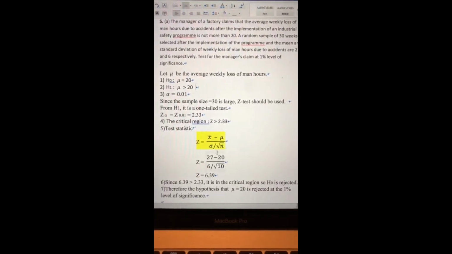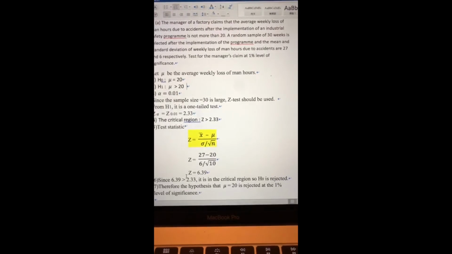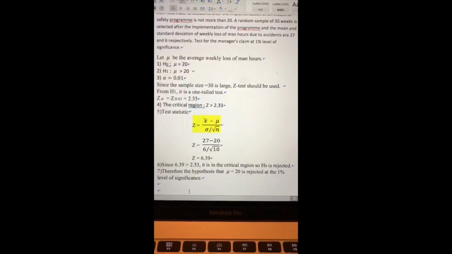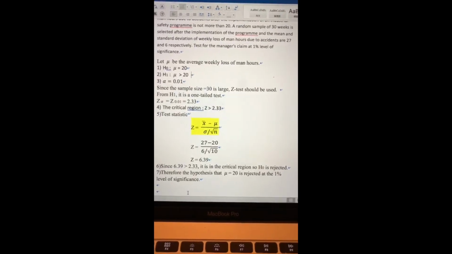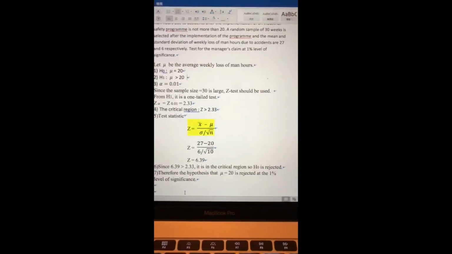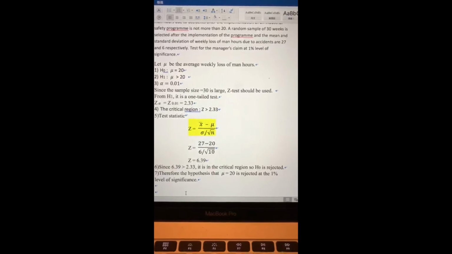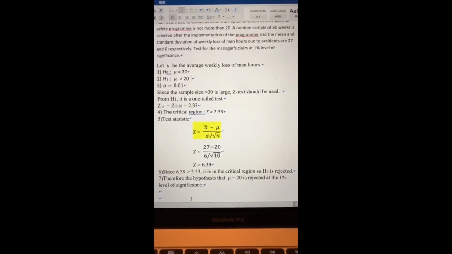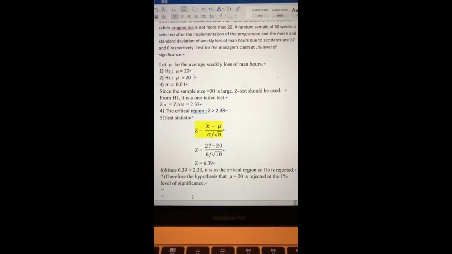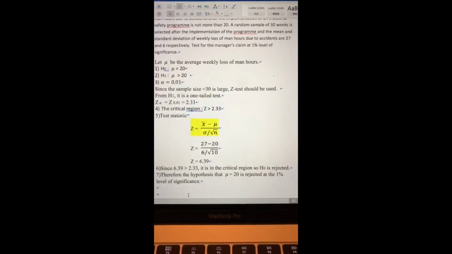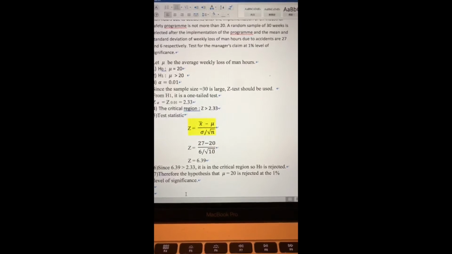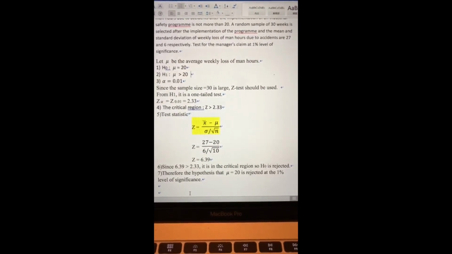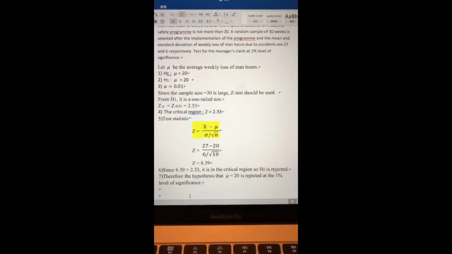According to the formula, the z is equal to 6.39. Since 6.39 is bigger than 2.33, it is in the critical region, so the null hypothesis is rejected. Therefore, the hypothesis that mu is equal to 20 is rejected at the 1% level of significance.